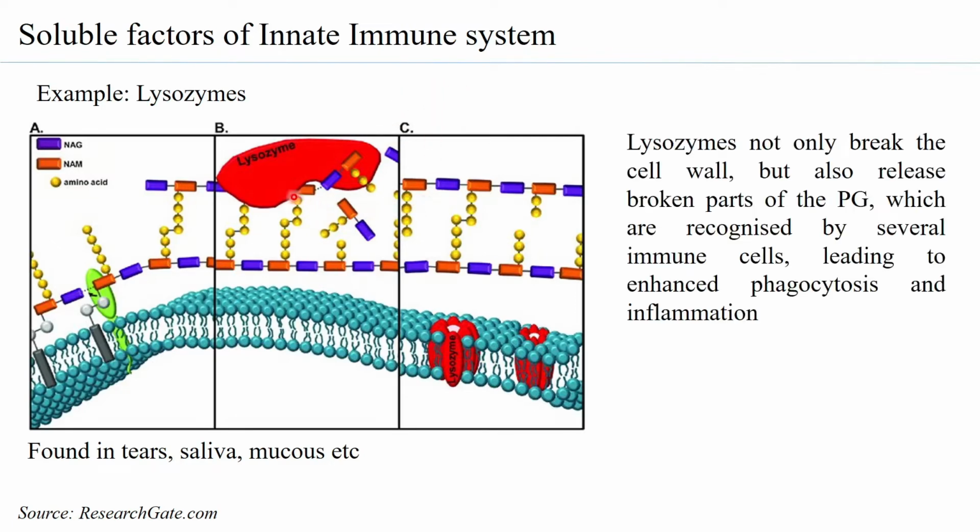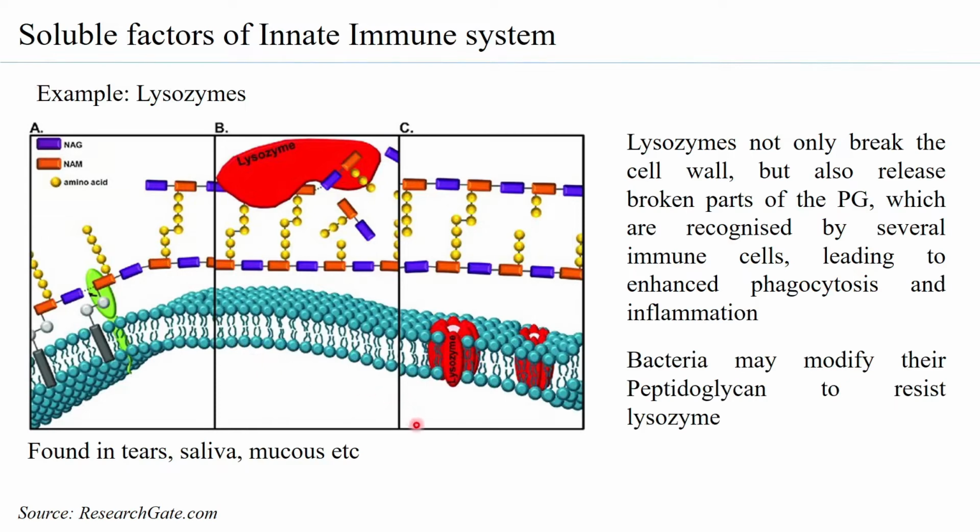So lysozymes, apart from degrading the cell wall and killing the bacteria, can also release broken parts of the peptidoglycan, and that itself is recognized by several other immune cells. That leads to enhanced phagocytosis and inflammation. So you can see how lysozymes have a dual role, directly acting as an antimicrobial and indirectly enhancing the immune system.